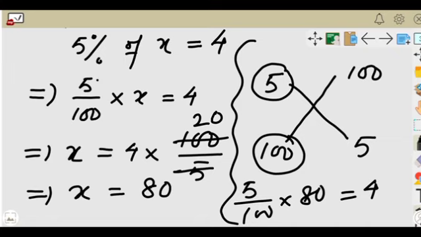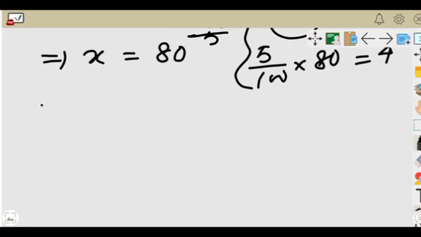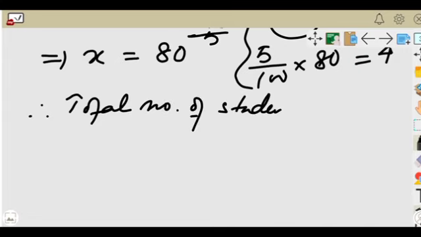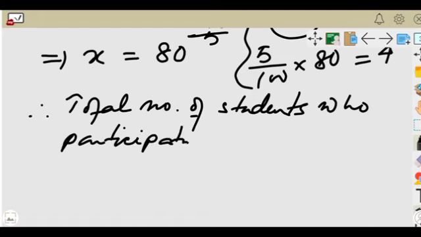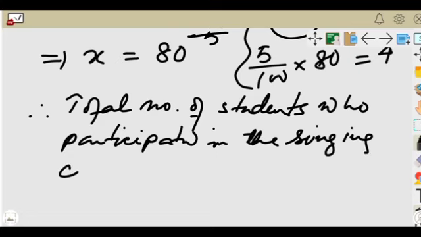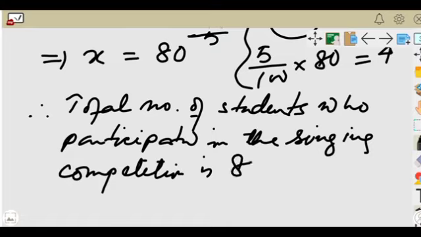Total number of students who participated in the singing competition is how much? 80. Therefore, total number of students who participated in the singing competition is 80.